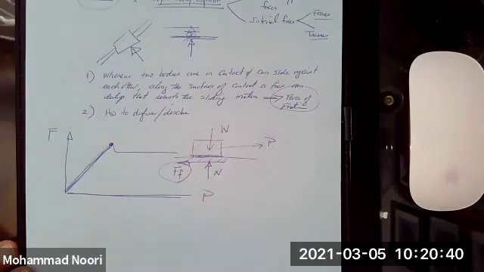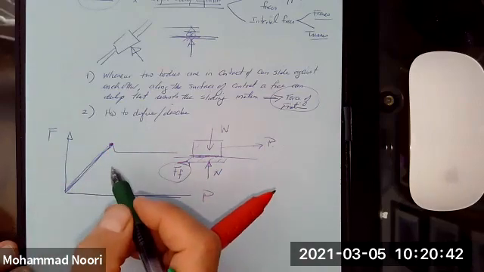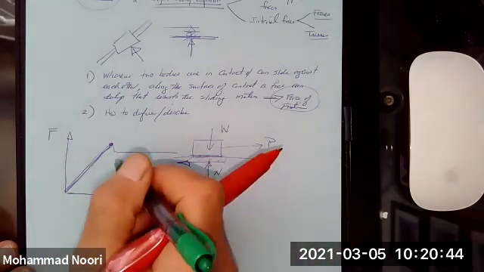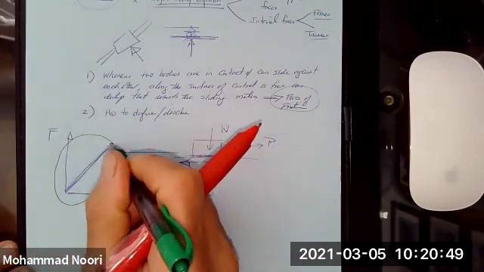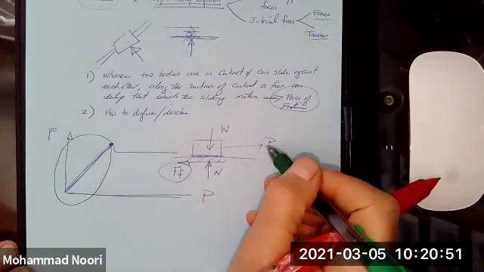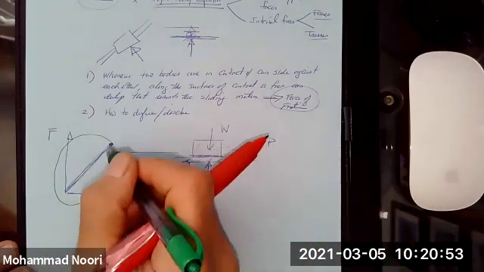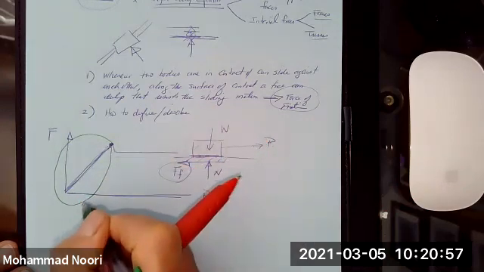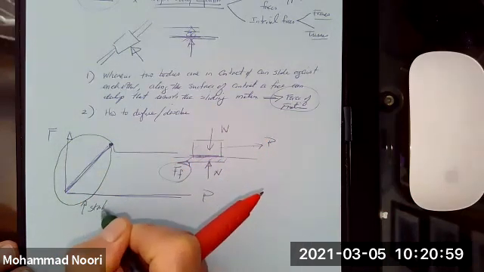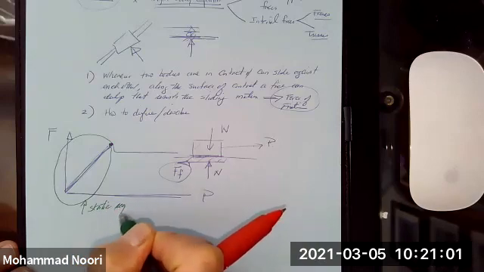So there are two regions for describing this force. In this region, the force has increased with the applied load, but the object still is not moving. We call this the static region, okay?